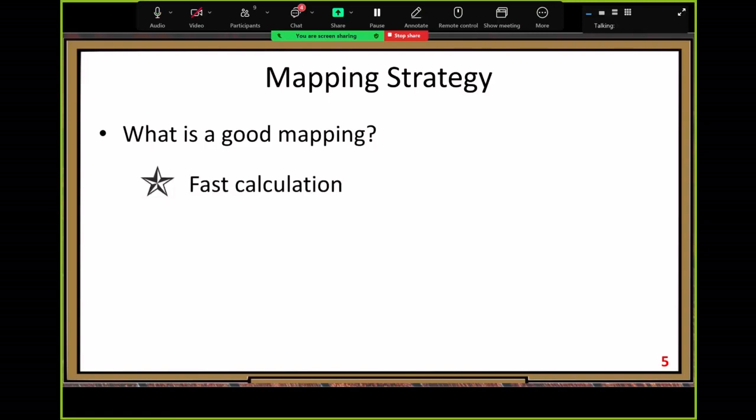So what properties do we need to get a good mapping? So these properties. Fast calculation. Because when we talk about mapping, most of the time we talk about some math formulas. How do you do the mapping? We need to design some appropriate math formulas.